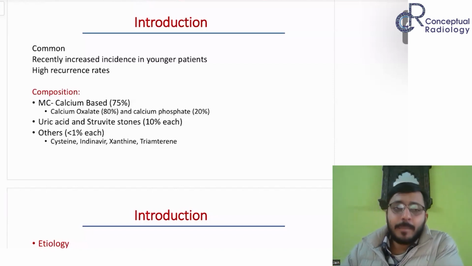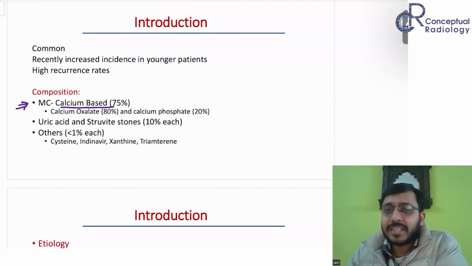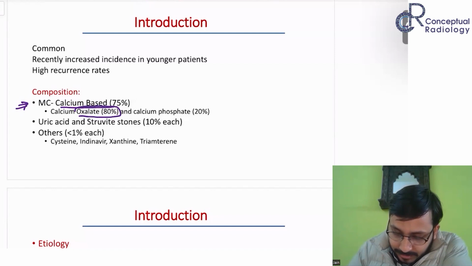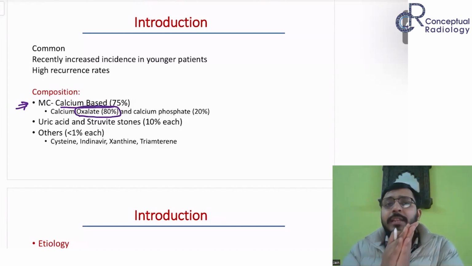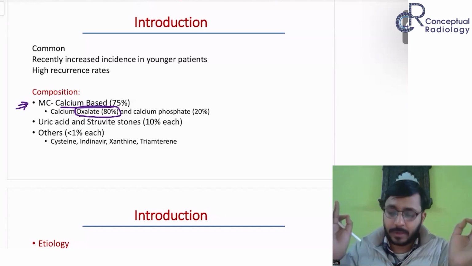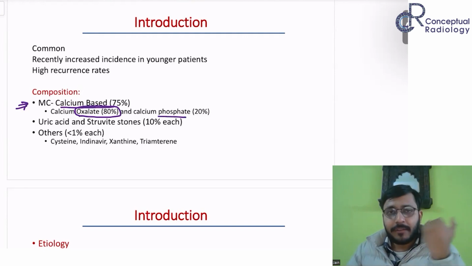Now, if we look at the composition, the most common composition is calcium-based stones. Calcium-based stones are predominantly calcium oxalate. So, predominantly the stones that you'll see in your OPD are calcium oxalate stones. They are the most frequent types, followed by calcium phosphate. Now, after that come uric acid and struvite stones.